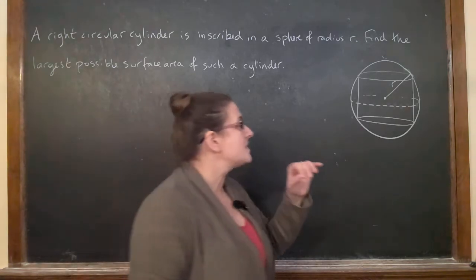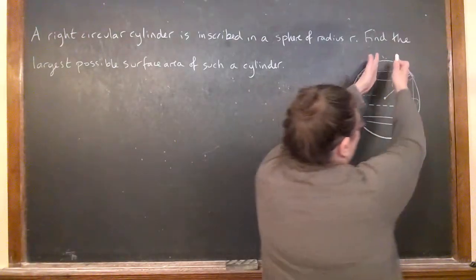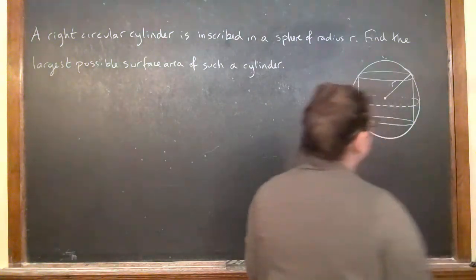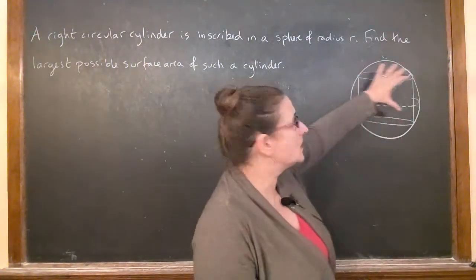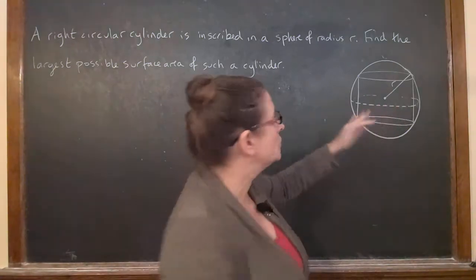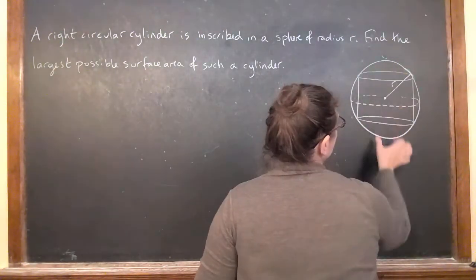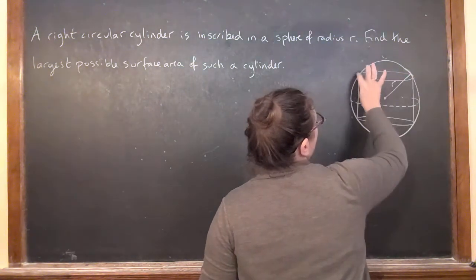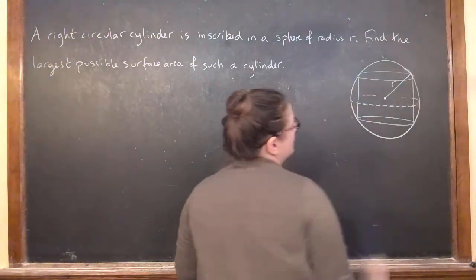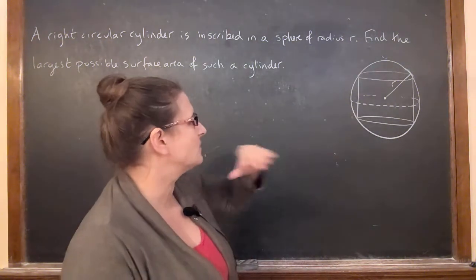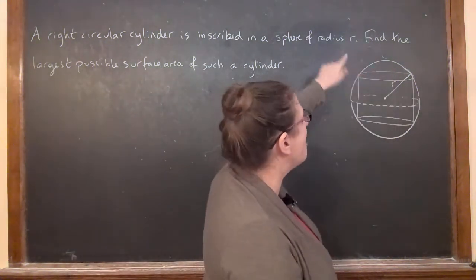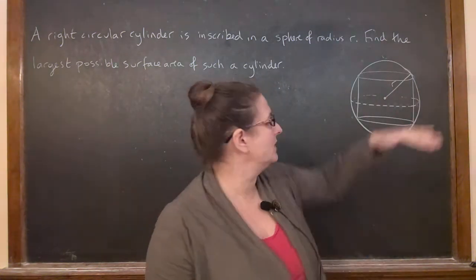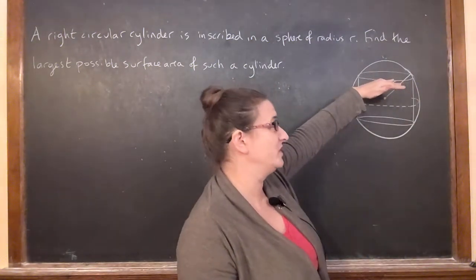Now the cylinder can be very thin or very fat, but in any case, it's always touching the sides of the sphere. So wherever we drew it, we can always draw this radius to any point on that circle. We could cut this off and we would have the top of that cylinder, which is a circle.